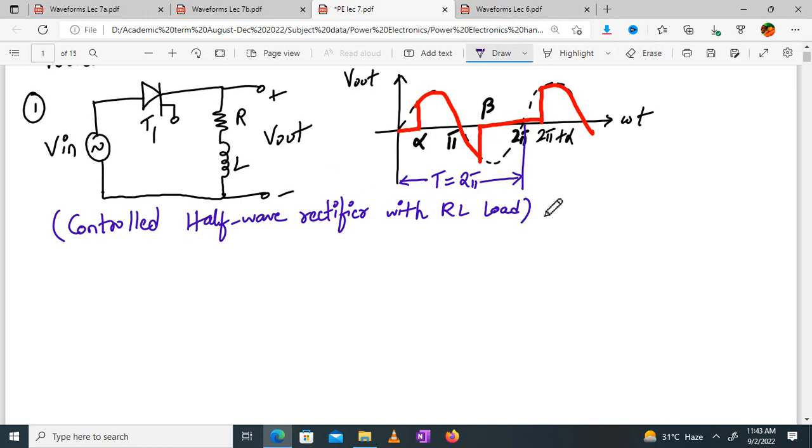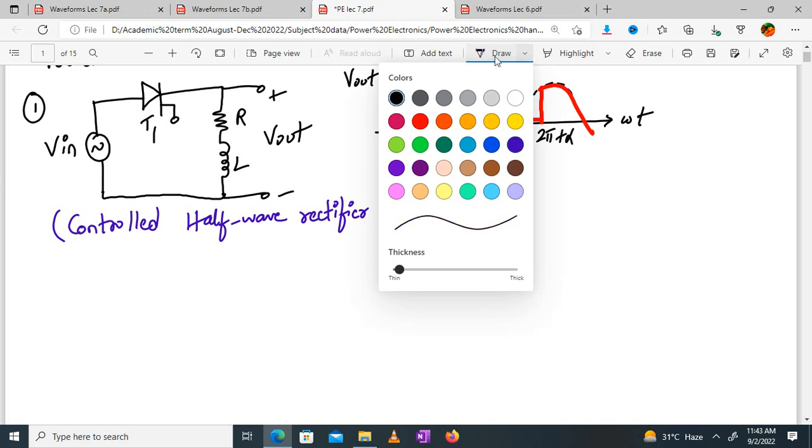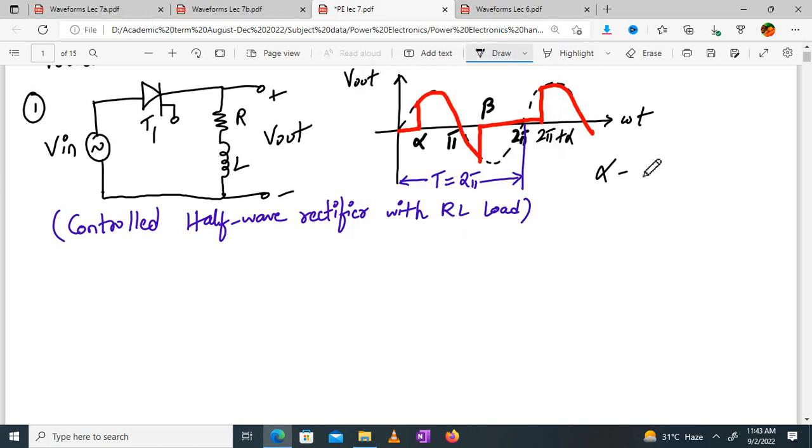We have already completed the explanation last time. Today we are just deriving the output average voltage. Now let me write it down as you have said it. Alpha is the firing angle or triggering angle or delay angle. And beta is the extinction angle.